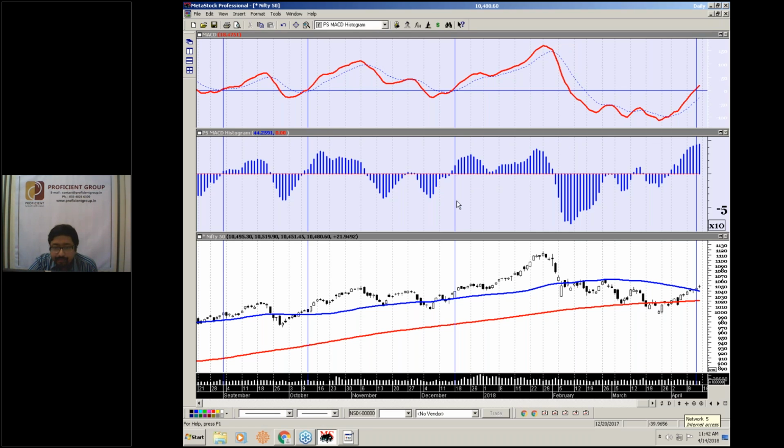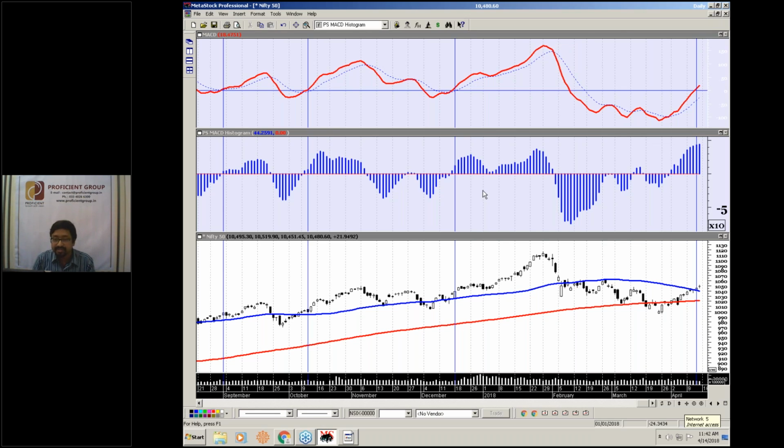And you see, whenever the solid line in MACD goes above the signal line, we get a crossover signal of the MACD histogram as well. So the MACD histogram as such is not a new indicator. It is also derived from MACD, just like MACD itself is derived from moving averages.